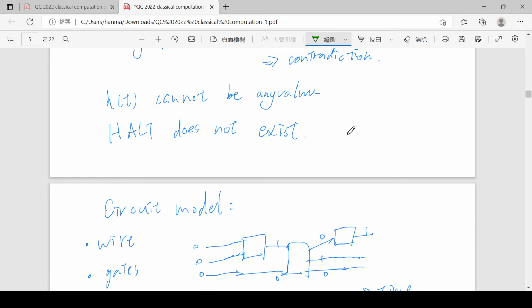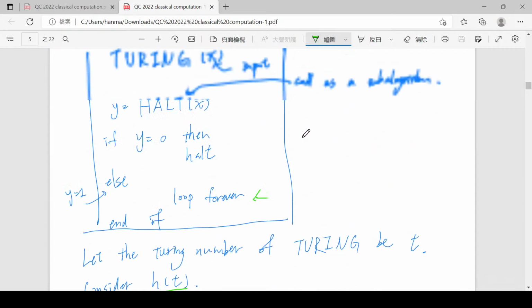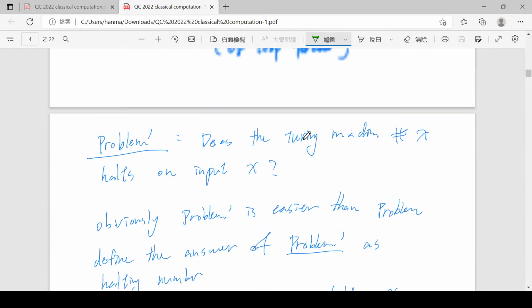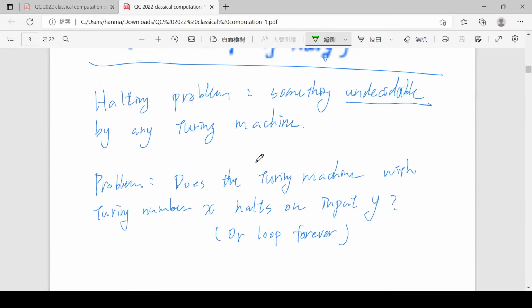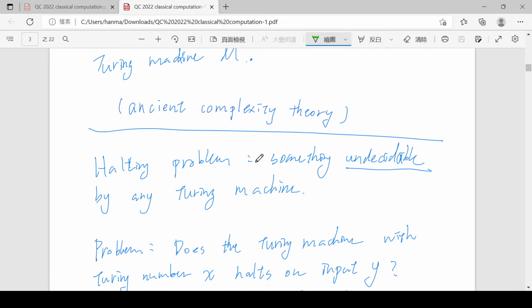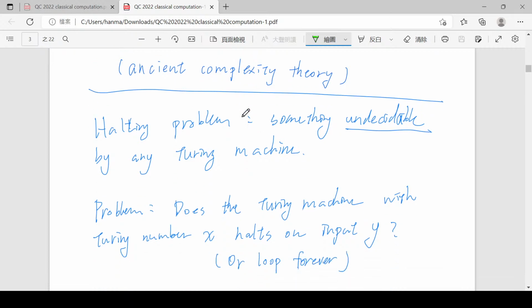Okay. So any question on this holding problem? Yeah. So this is, I guess, the biggest separation in complexity theory. That is, some problems are simply not computable.